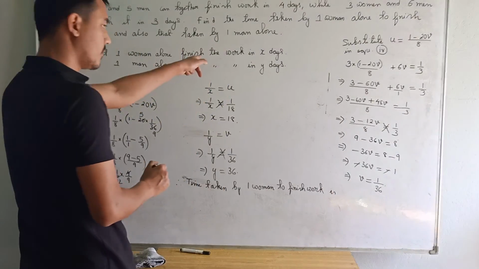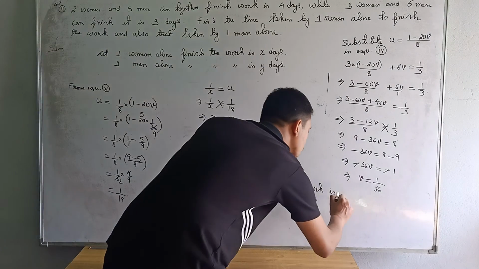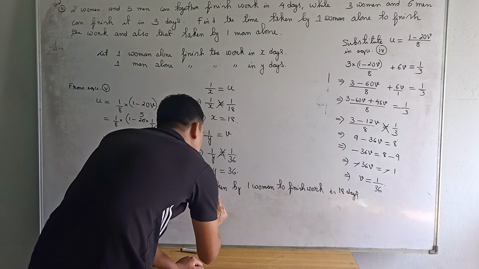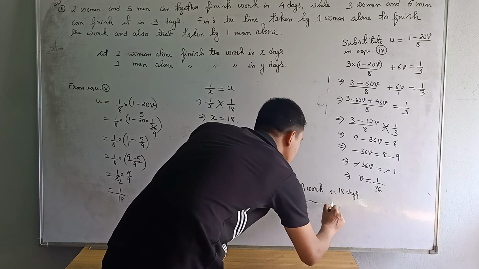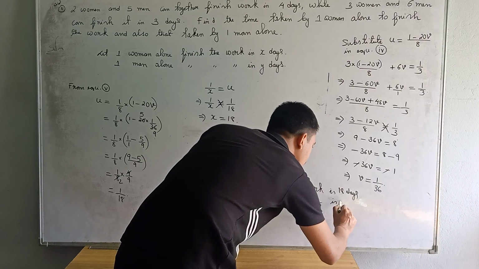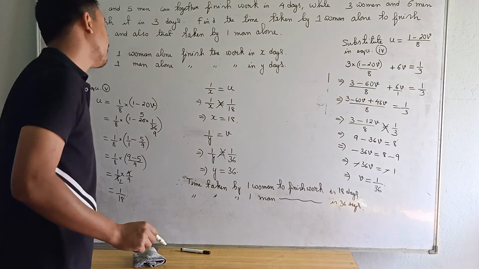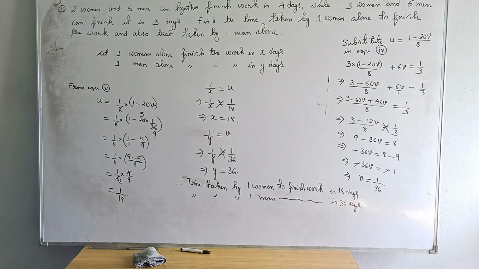It is x, right? We have assumed x to be 18. So 18 days. And time taken by one man alone to finish the work is how many days? 36 days. So that's it. So the man takes more time as compared to the woman to finish the work.